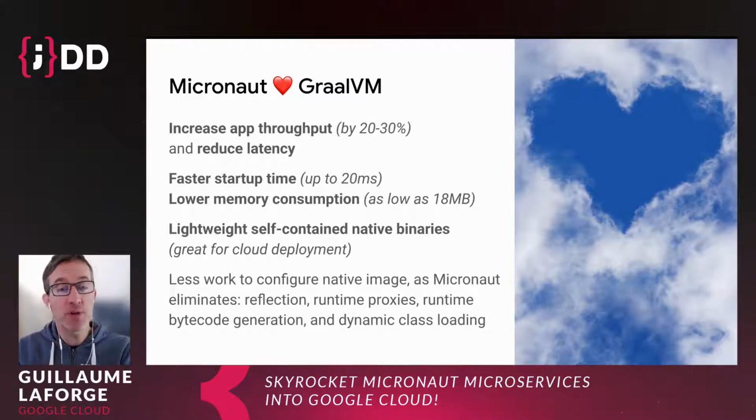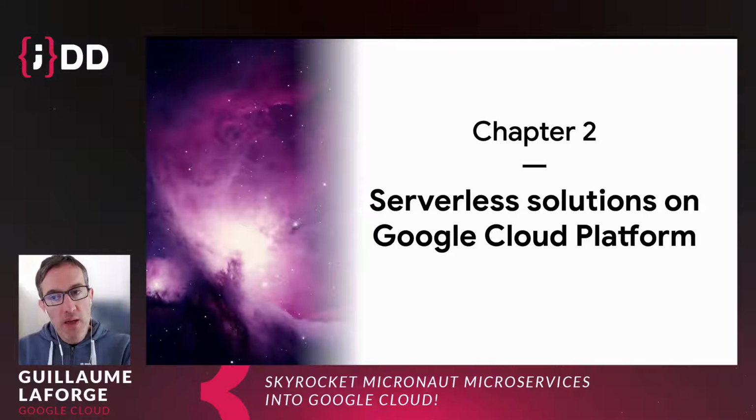And the memory consumption usually is lower as well, because you don't have all the, I mentioned things like the reflection caches, etc. And it's also great for things like cloud deployment, because it's easier to package a small binary than a big project with all its dependencies. So that's about it for my general introduction to Micronaut. We'll see some concrete code in the third part, the third chapter with the demo.